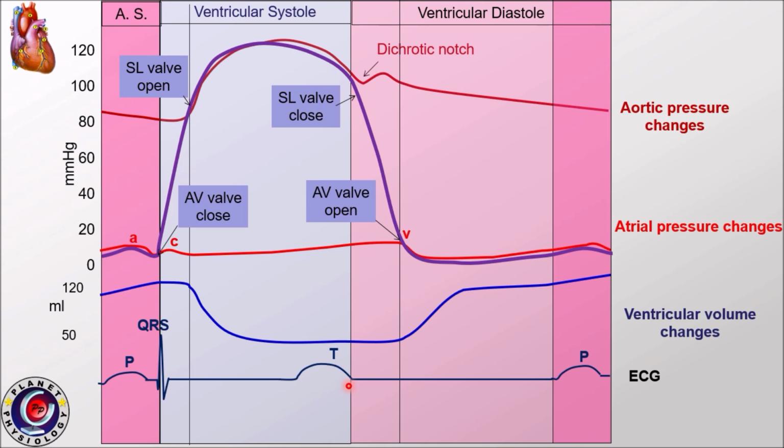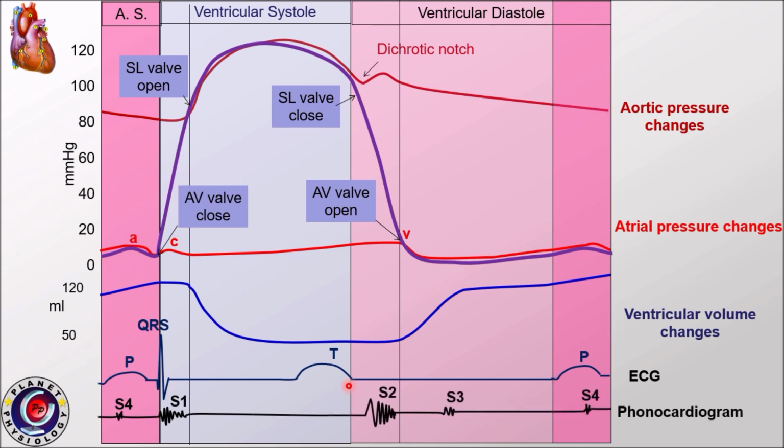Heart sounds are also taking place along with the cardiac cycle in a cyclical fashion, and these heart sounds can be recorded with the help of an instrument called a phonocardiogram. During atrial systole there is the fourth heart sound, which is called S4. In the isovolumetric contraction phase there is the first heart sound, that is S1.